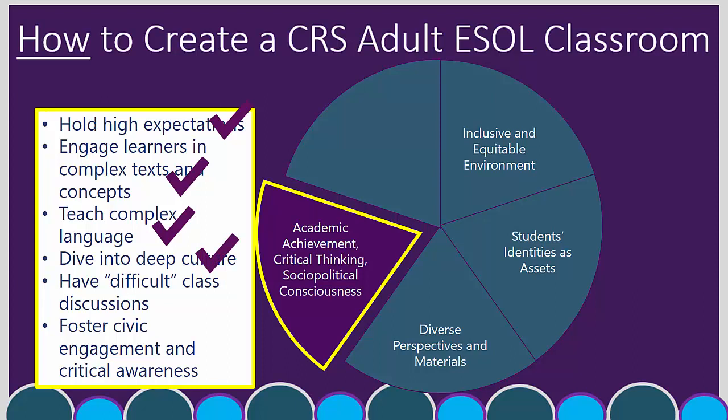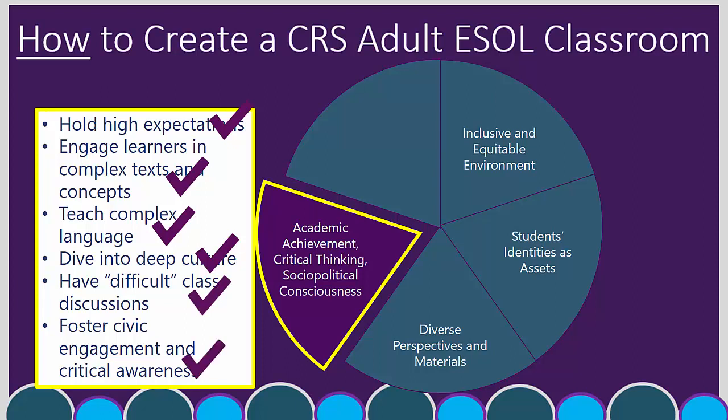When culture is discussed, for example, it goes beyond surface features like food, dress, and holidays into deeper cultural issues of values, notions of fairness, and individuality. When learning about U.S. culture and history, CRS teachers include materials and discussions about power and privilege, systems of oppression, equity, representation, and discrimination.